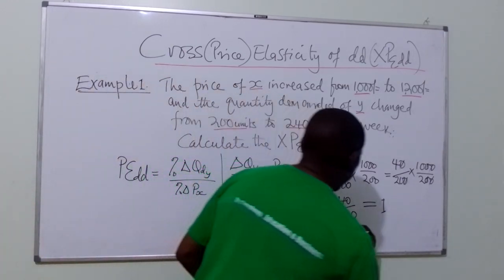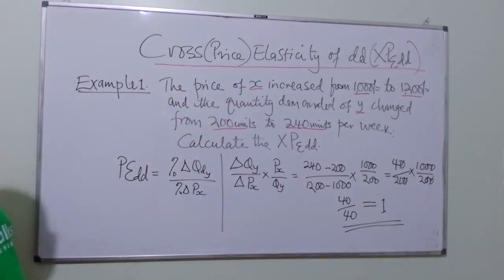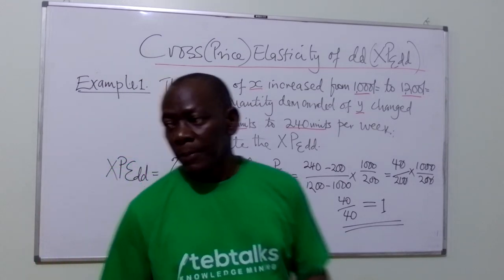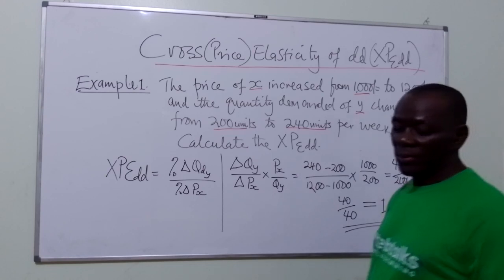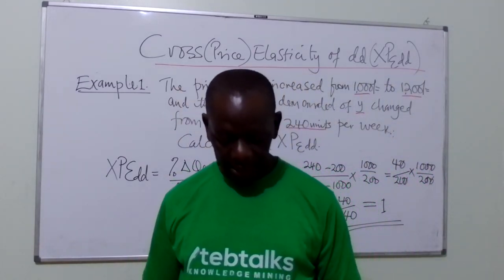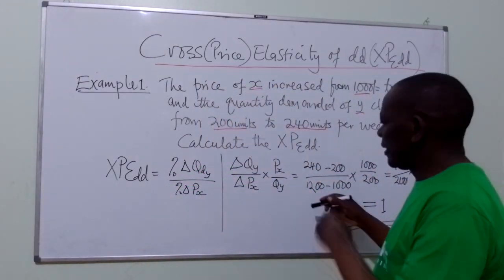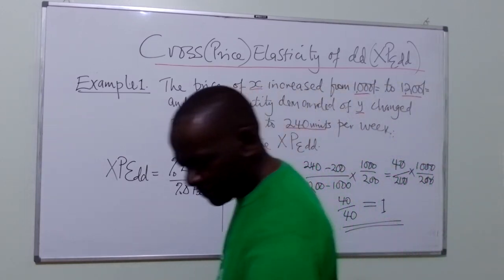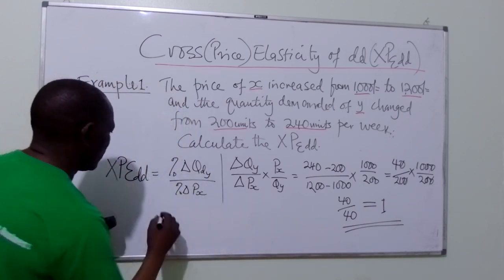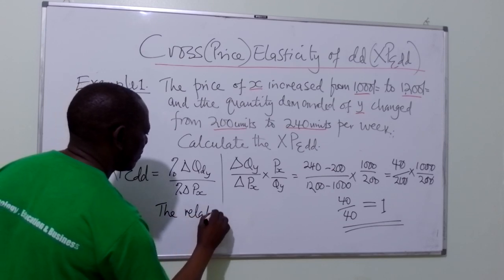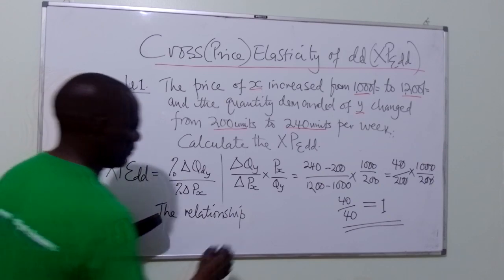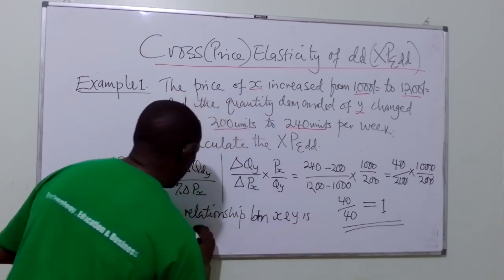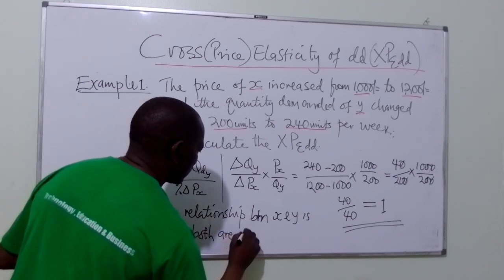Now, since it is the cross price elasticity of demand, I'd forgotten to put there the X. So, since it is 1, we have to now conclude about X and Y. The relationship between Y and X is that both are substitutes.